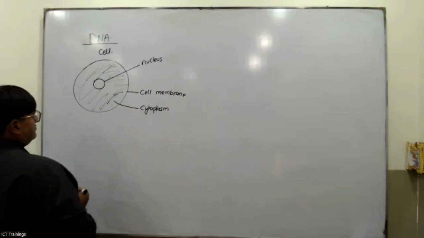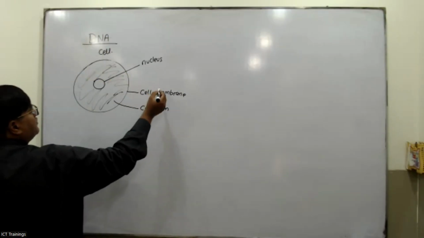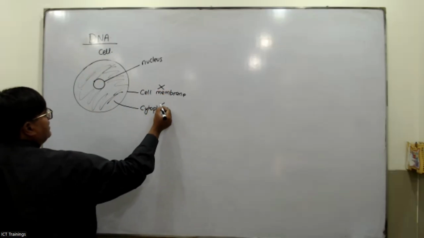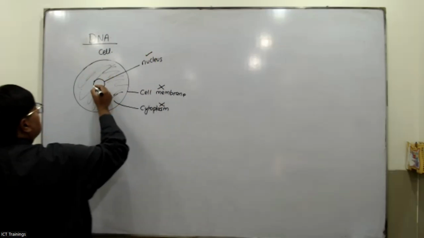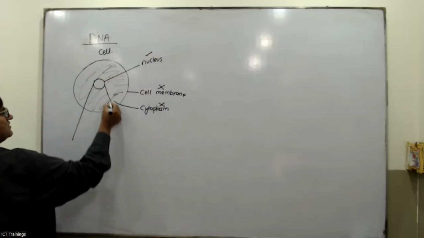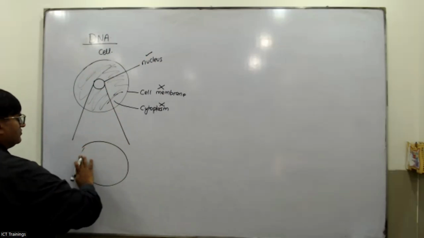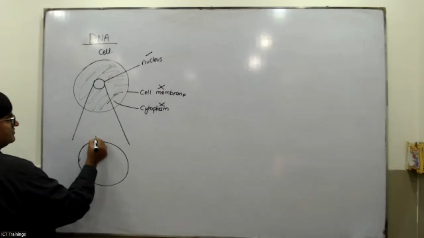Now, basically, for DNA, we are not concerned with the cell membrane. We are not concerned with the cytoplasm. We are concerned only with the nucleus. So if I draw the nucleus as a bigger view, like that, this is, my dear, the nucleus.